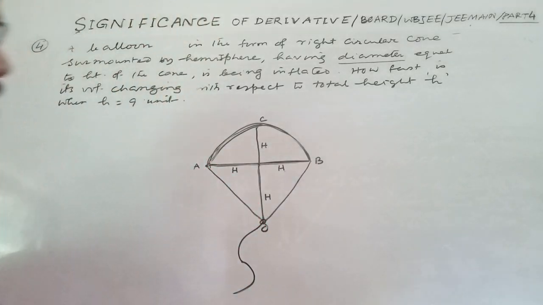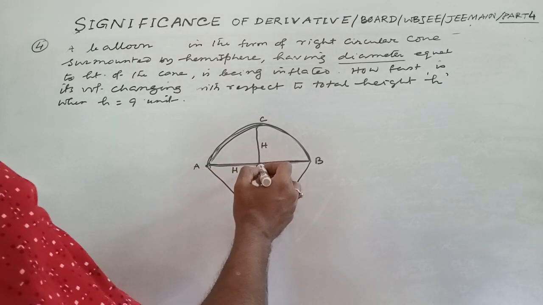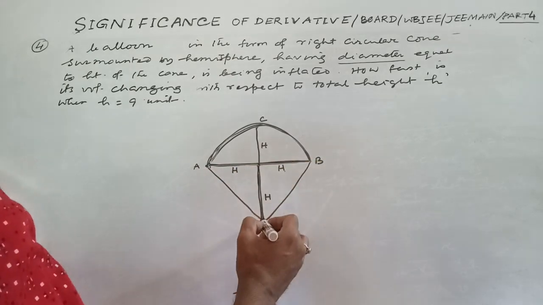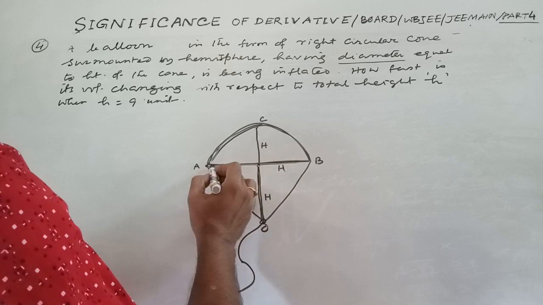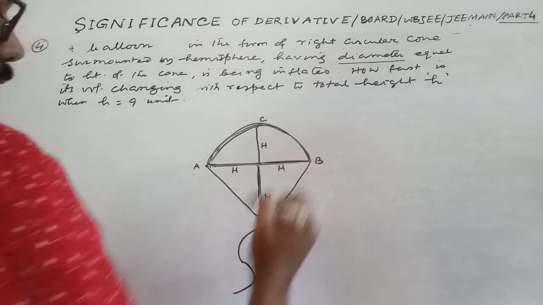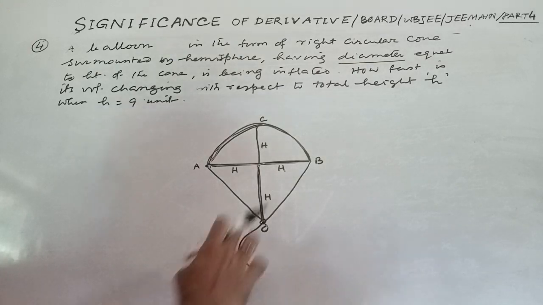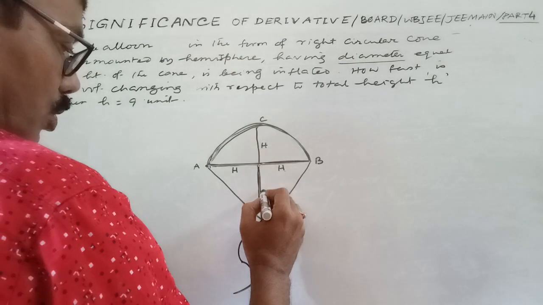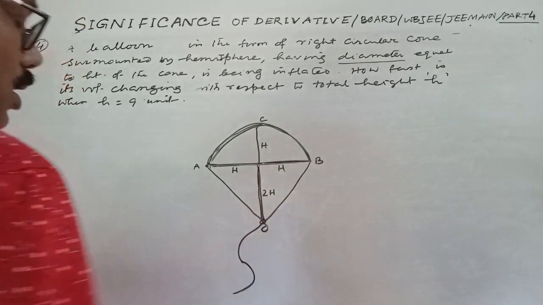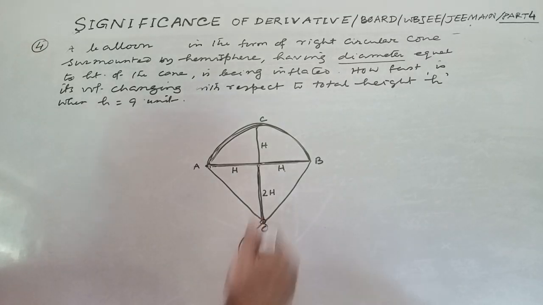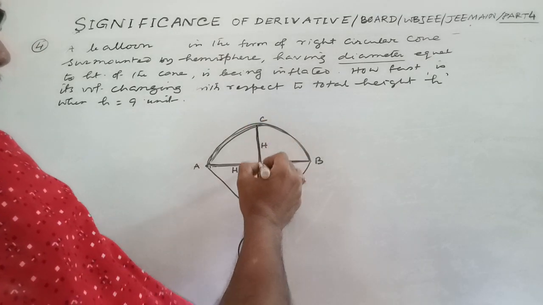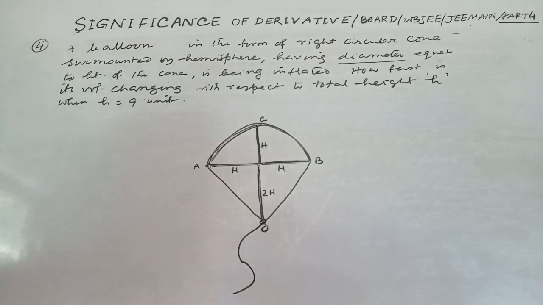Now, height equals H and this is diameter 2H. So diameter equals height, so this is also 2H. This is also 2H. And this is a hemisphere, so half of it.